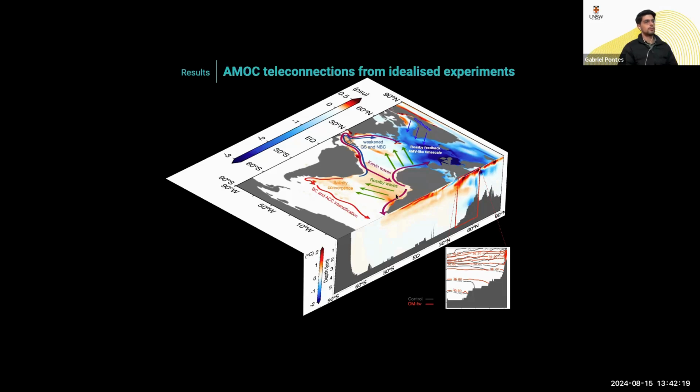Those Rossby waves propagate towards South America and towards North America in the North Atlantic. In the North Atlantic, those Rossby waves constitute a negative feedback to the initial AMOC weakening. These are downwelling Rossby waves, which try to deepen those isopycnals in the North Atlantic again, and they constitute a kind of AMOC strengthening.